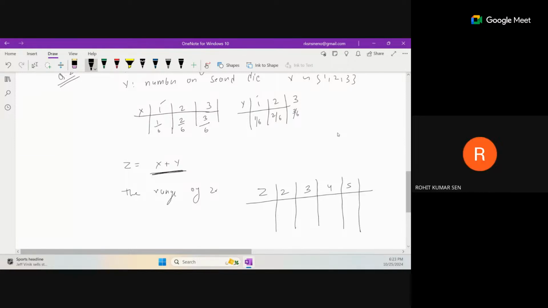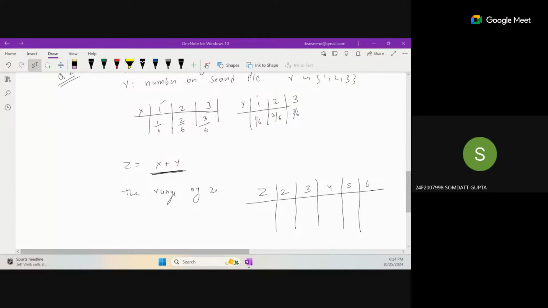Okay, that is done, so this iteration is done. 3 plus 1, 4 already written. 3 plus 2 already written. And 3 plus 3, 6. So this is my range of z: 2, 3, 4, 5, 6. So this question is clear to everyone?